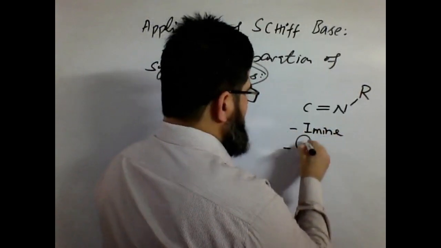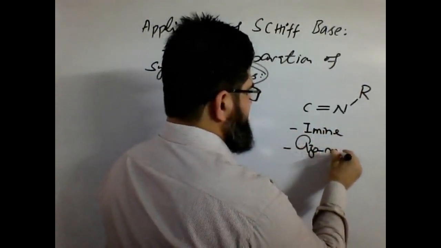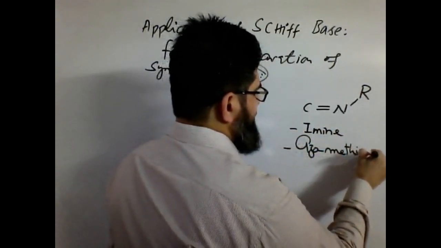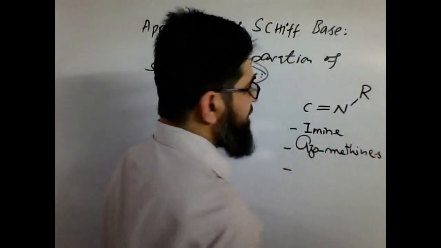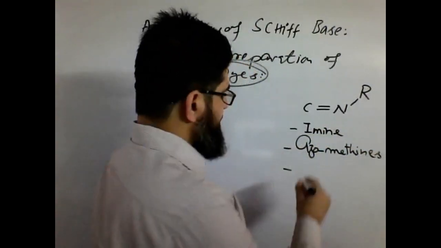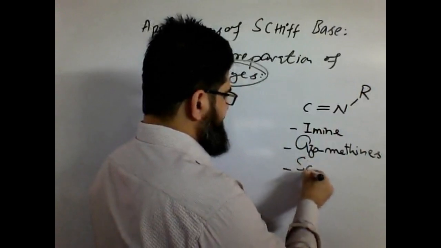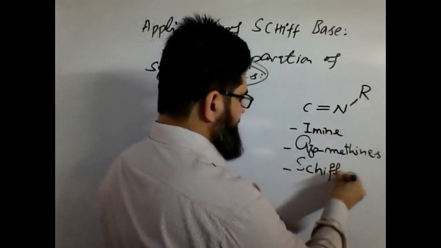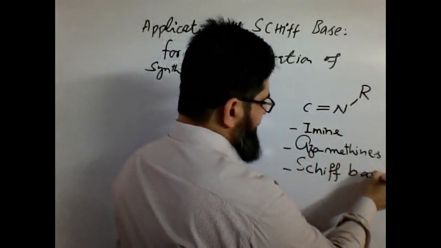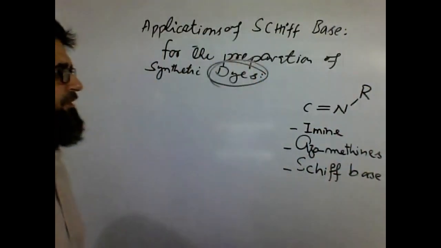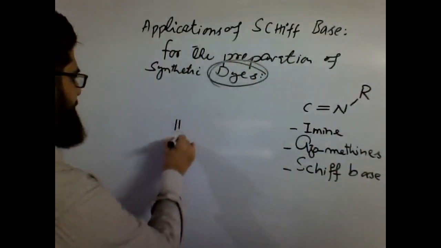They are also called azomethines. Thirdly, they are called Schiff bases.